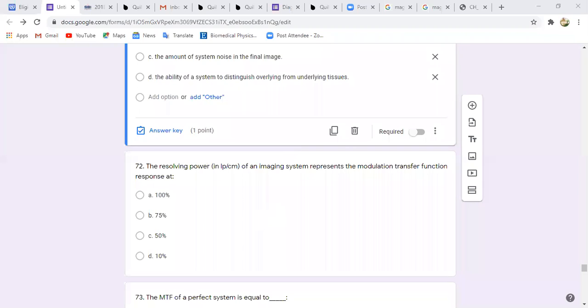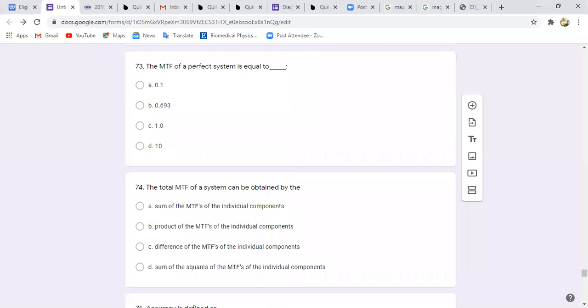The MTF of a perfect system is equal to what? It's 1. Yeah, we just saw that. The total MTF of a system can be obtained by what? The product of the MTFs of the individual components.